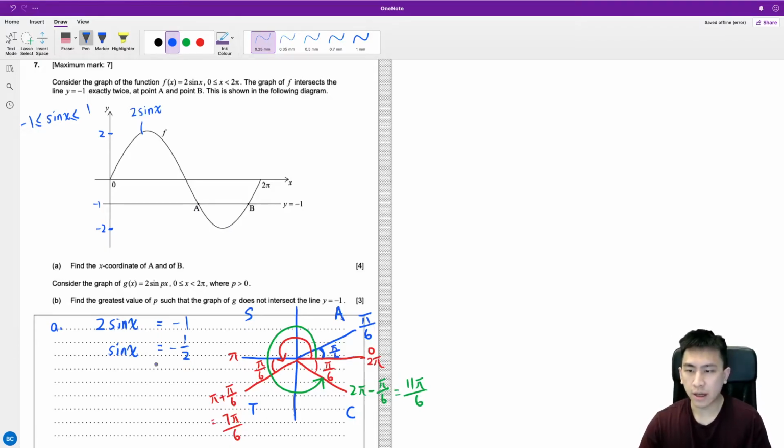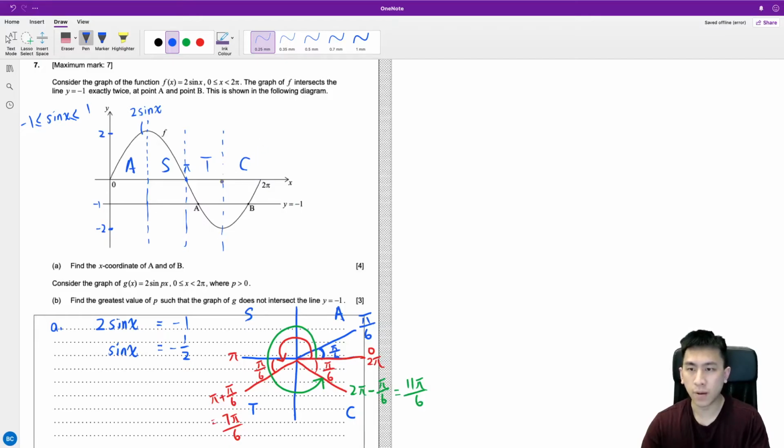It would be very nice to see here, because you already know this is halfway, that's going to be pi. So you should know A and B would be in the 3rd and 4th quadrant anyway. If I were to sketch it out, the 1st quadrant, your A quadrant, is here, and then S, and then T and C. That's what your quadrant looks like.